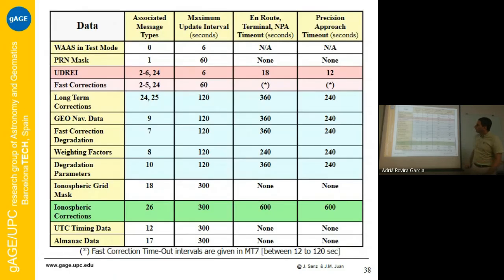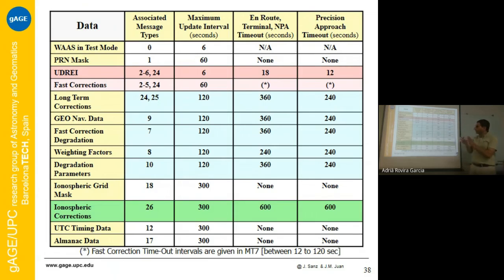And here we have the different components, when the messages are in which we can retrieve the information, and the maximum update interval, which can be between 6 seconds and 5 minutes.